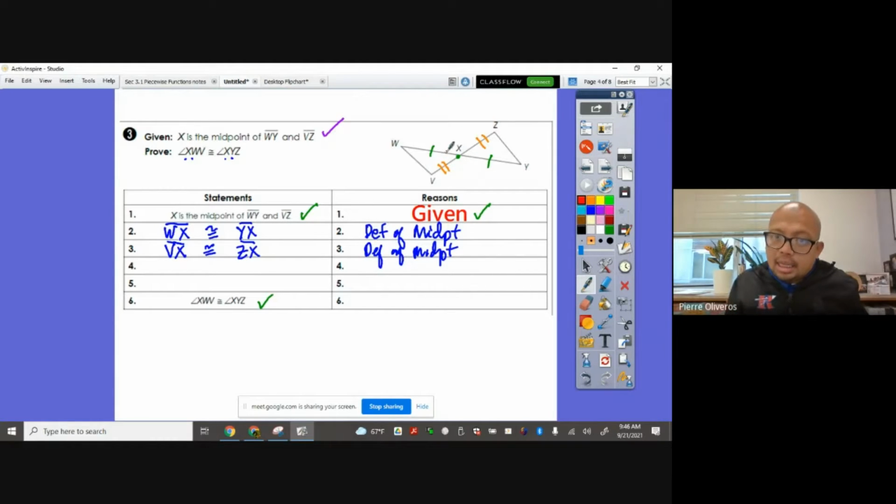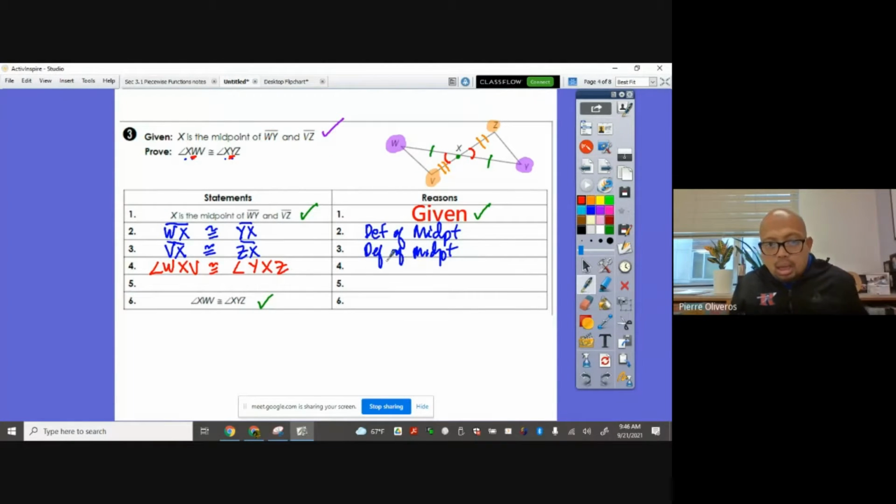As I can see, I have a vertical angle here. So I know that angle WXV is congruent with angle, what's the partner of W? The partner of W is Y. YXZ. How do you know it's Y, the partner of W? Because the second letter of W here is Y. And also, the partner of V is Z there.